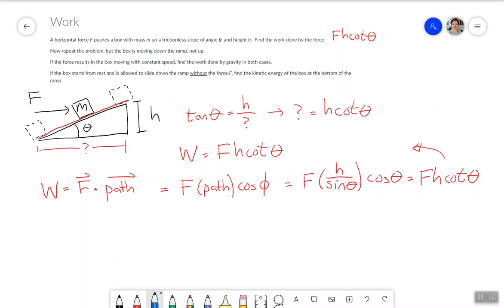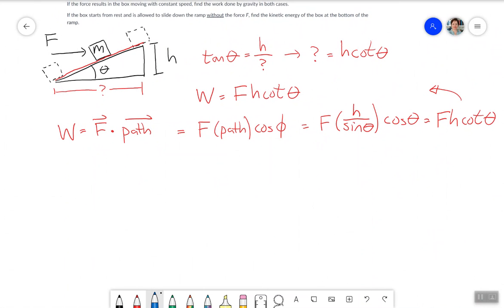Now, what if we do the problem again, and this time it's the same problem, the same ramp of height h and angle theta, and it's actually the same force on the same object, but this time the object goes from point A at the top to point B at the bottom.